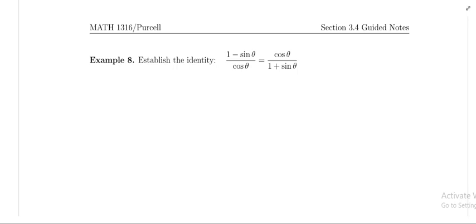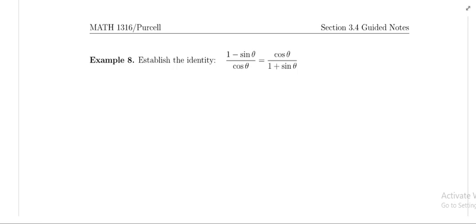Instead, if you are given a conditional equation where the equation is only true for certain values of the angle or whatever variable you're using, then it makes sense to solve for the variable. So make sure you pay attention to whether you're establishing an identity or solving an equation.